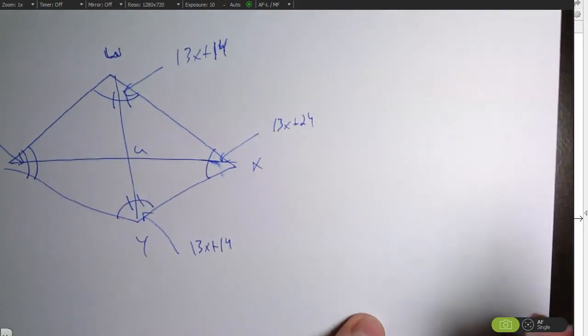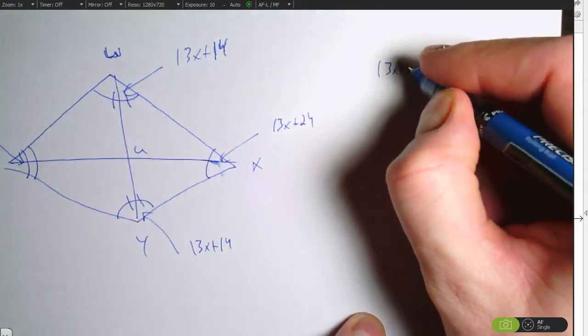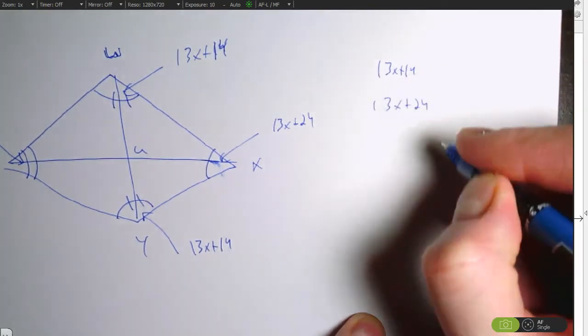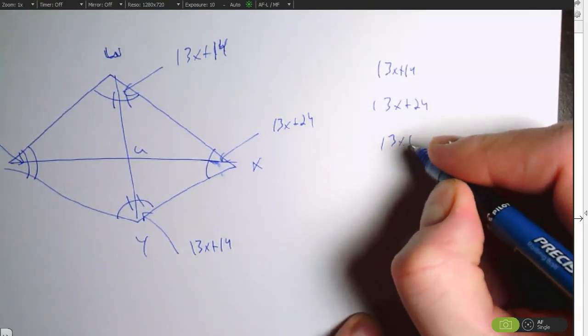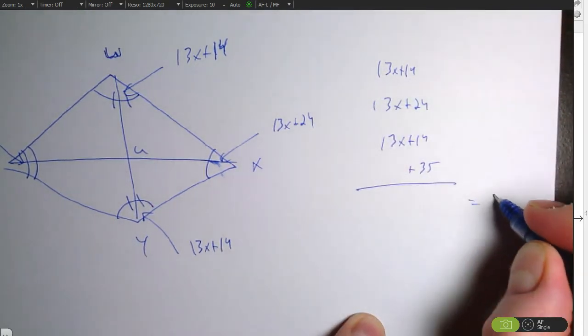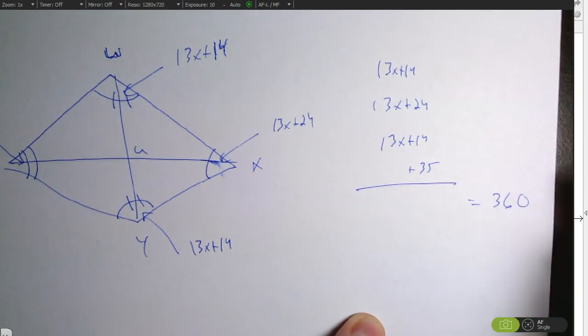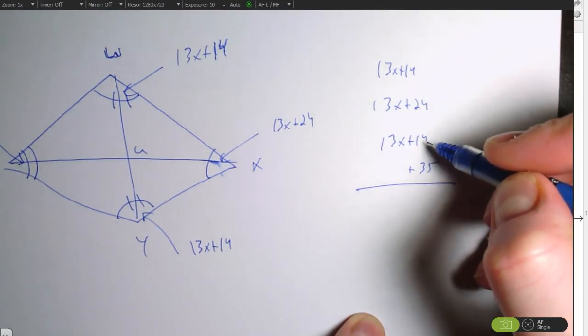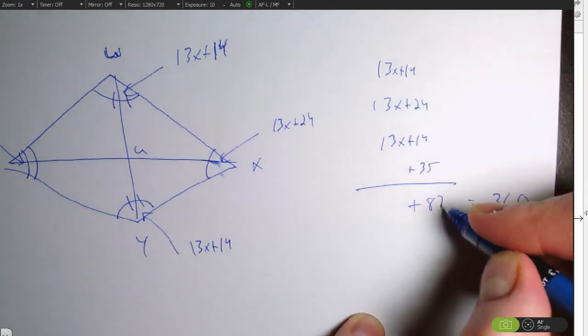So 13x plus 14 plus 13x plus 24 plus 13x plus 14 plus 35 has to equal 360. So 14 plus 24 is 38, plus 14 is 52, plus 35 is 87.